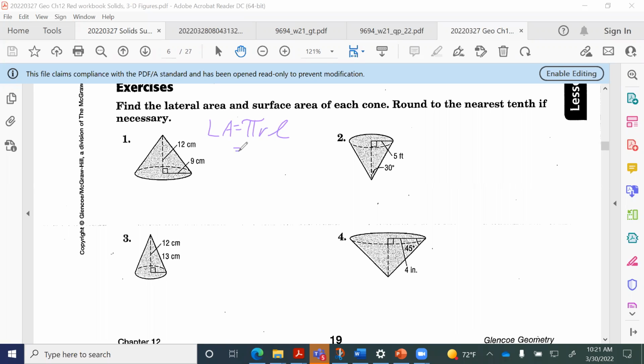So we have pi, the radius 9, the slant height. Oh, we don't have a slant height. What's our slant height here? Yeah, what is our slant height?